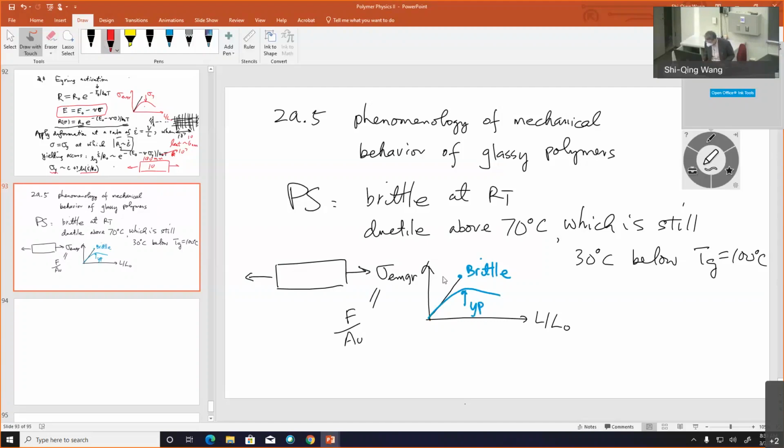So in principle, you can plot the values of either sigma B or sigma Y as a function of temperature.